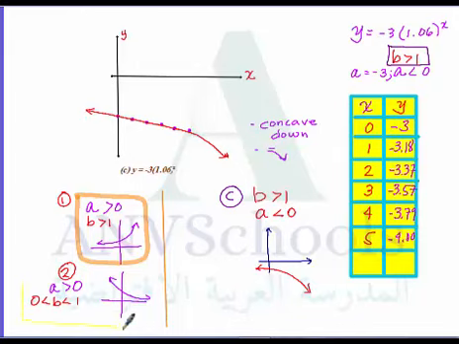Okay, the graph is like that. And number 3, if our b is greater than 1 but our a is less than 0, then we will have this graph.